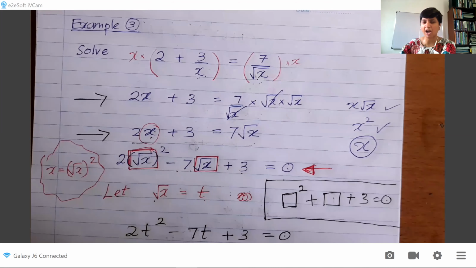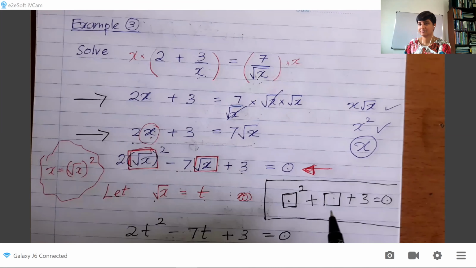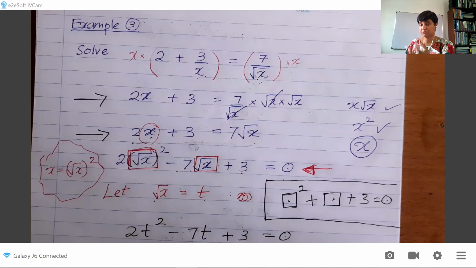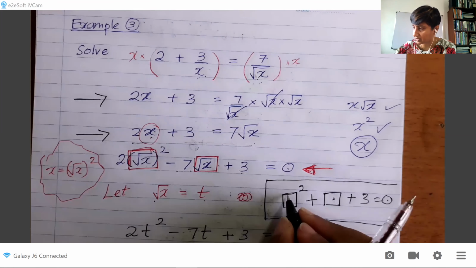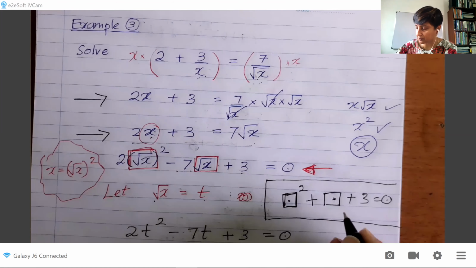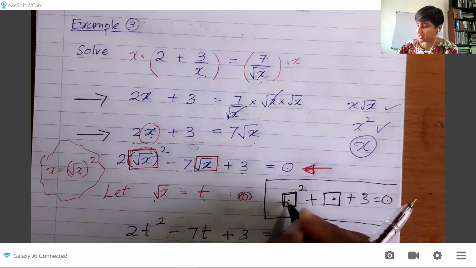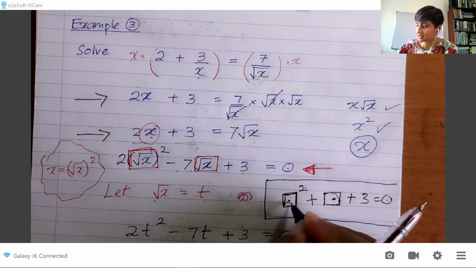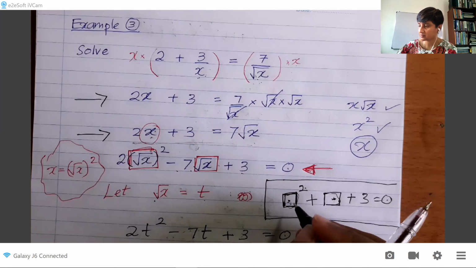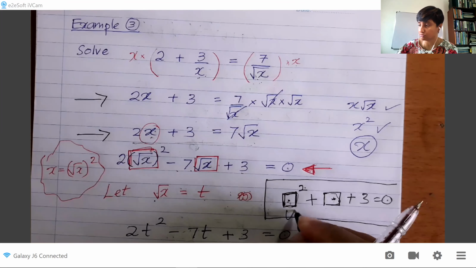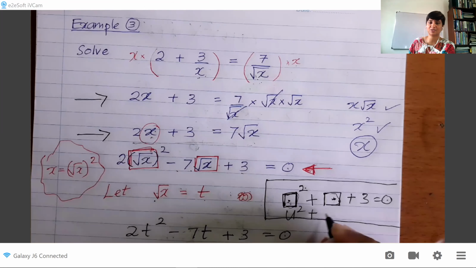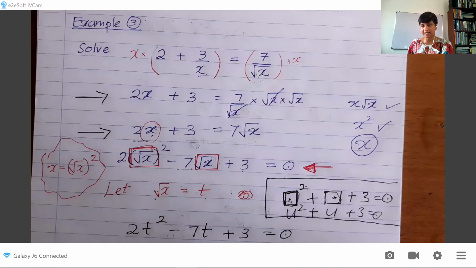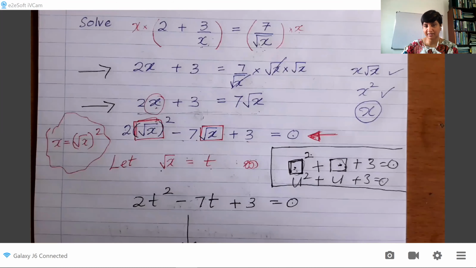Here you can have some unusual looking thing. Then you call that same thing, whatever it is, with one letter, say u squared plus u, and it turns into a quadratic. That's the whole idea here. So that's why I used the relabeling.